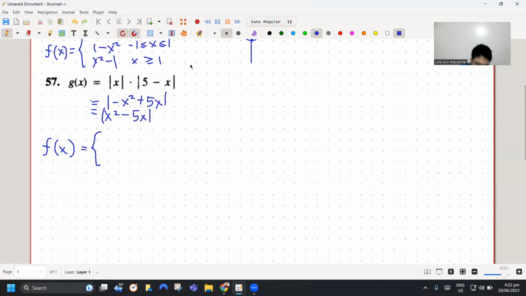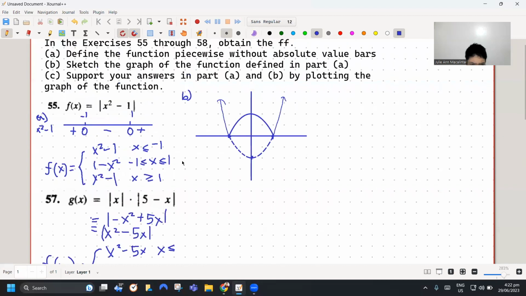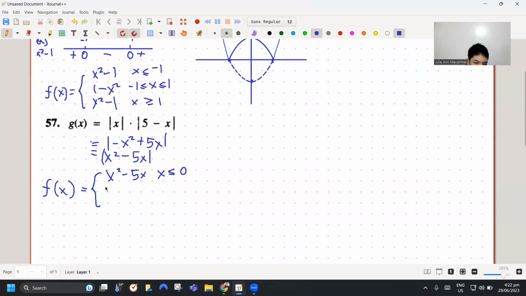5, 0. Two. Okay. Tapos, yung may interval.